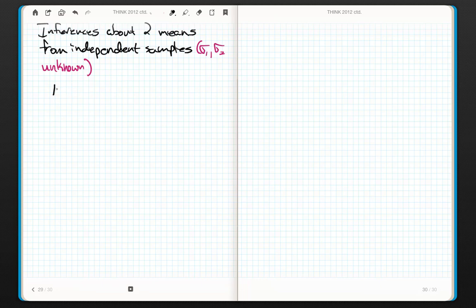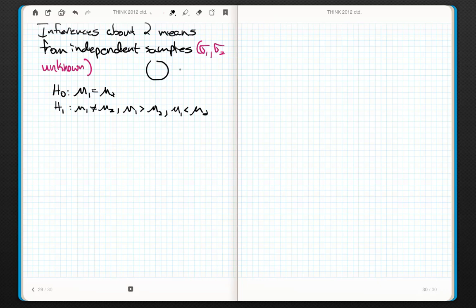All we're going to do is test a null hypothesis and an alternative hypothesis. And typically, but not always, you will have that the mean of one population is equal to the mean of another population. And then you're either going to have the mean of one population is not equal to the mean of another, the mean of one population is greater than the mean of another, or the mean of one population is less than the mean of another.